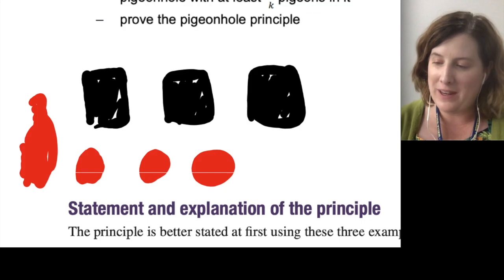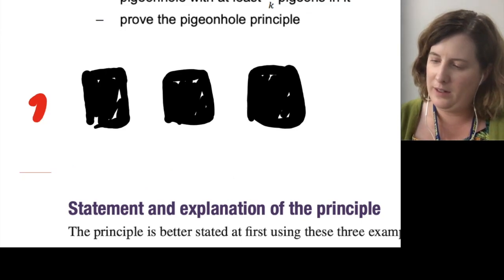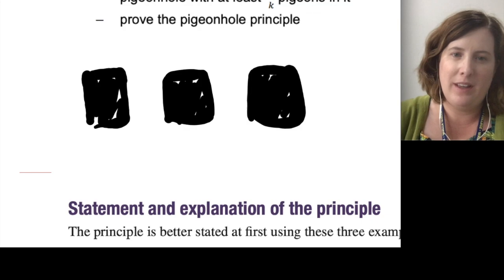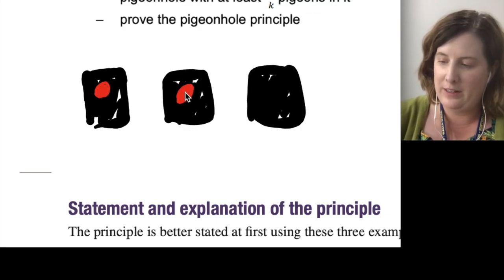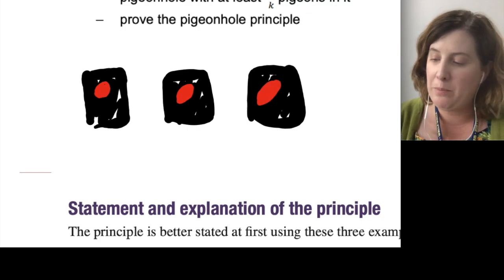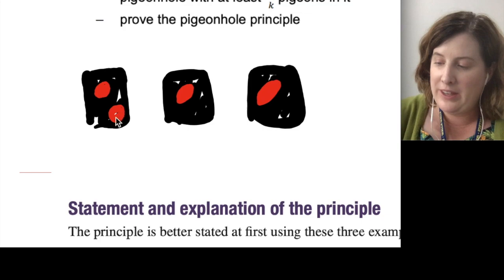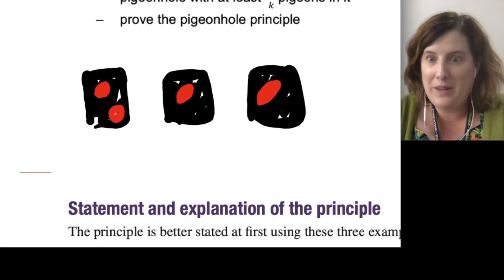If I have my 4 pigeons, then 1 will go here, 1 will go here, 1 will go here. The 4th one must have to bunk up with another. So that means there is at least 1 pigeonhole with 2 pigeons in it.